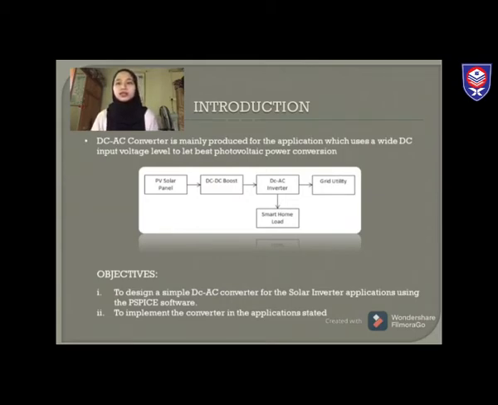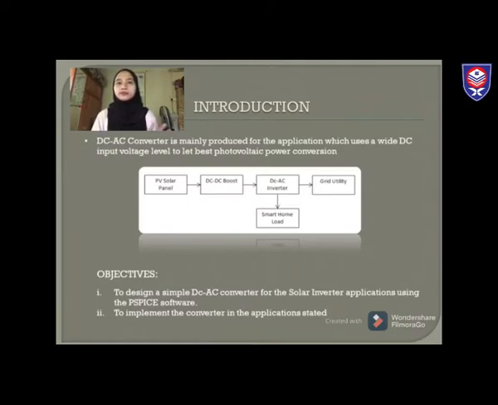The DC AC converter is mainly produced for applications which use a wide DC input voltage level to get the best photovoltaic power conversion with a random number of 2 until 10 series connected solar panels. Each can carry 20 volt per 2.5 ampere peak power. So the cost of mounting this is relatively low at the initial stage.